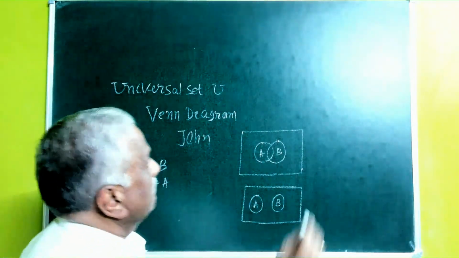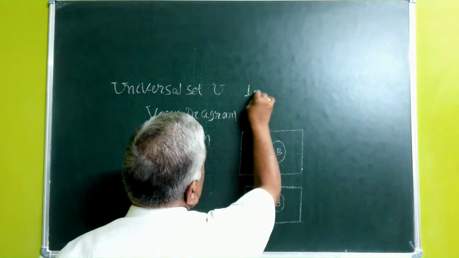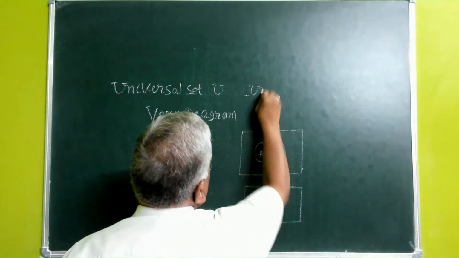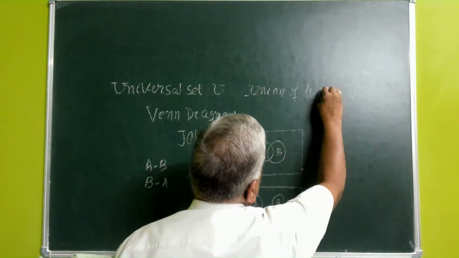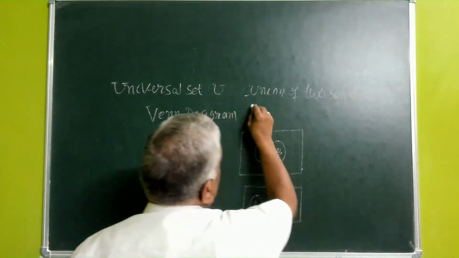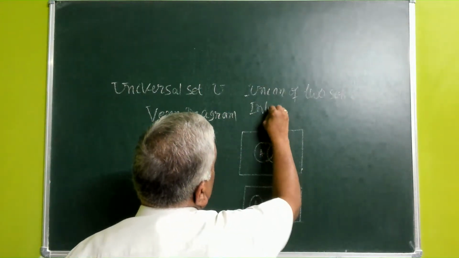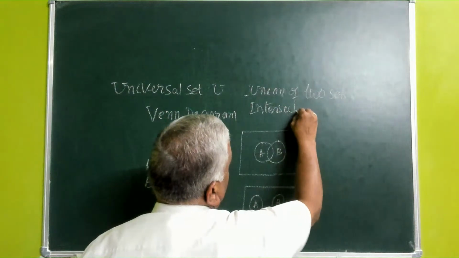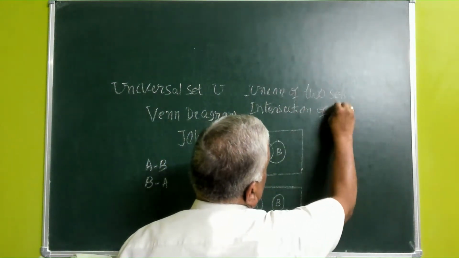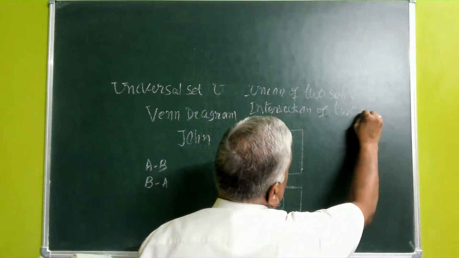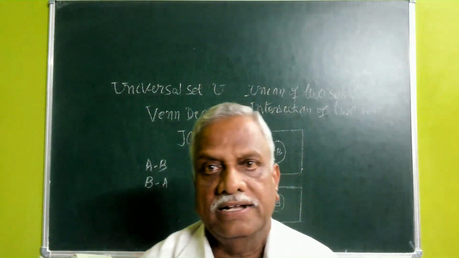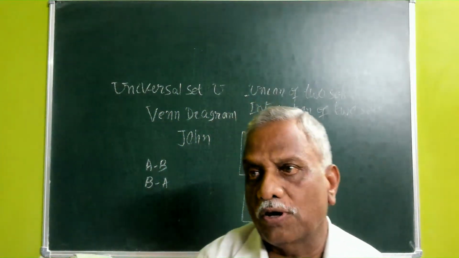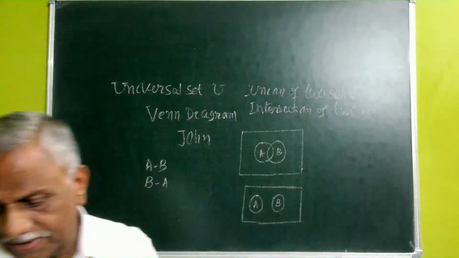Then we have operations on sets. One is union of two sets. Next is intersection of two sets. If the intersection of two sets is a null set, then those two sets are called disjoint sets.